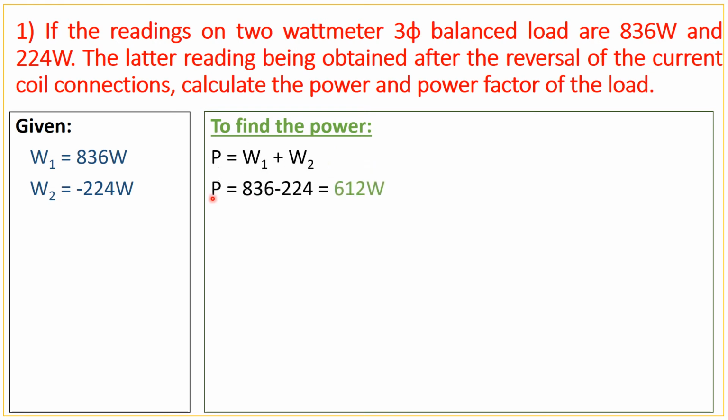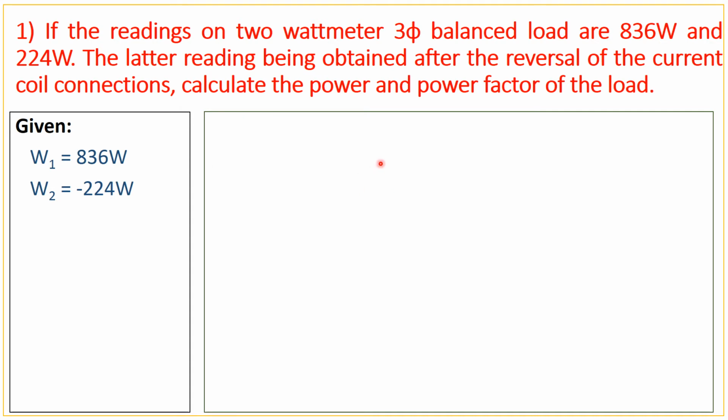Therefore, P is equal to 836 minus 224. Why minus 224? So it is plus and this is minus 224. This was obtained after the reversal of the current coil. If this was not given, then we would have taken directly 224 itself. So P is equal to 836 minus 224 is equal to 612 watt.